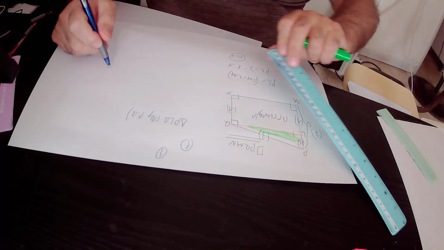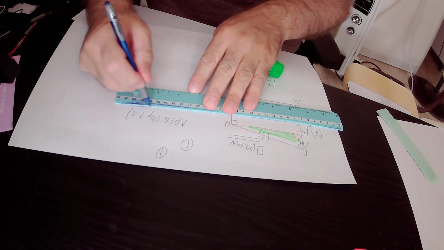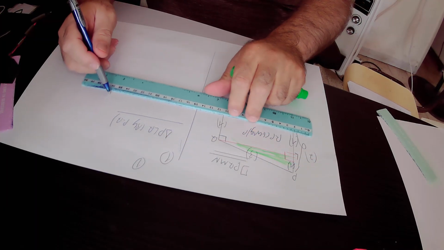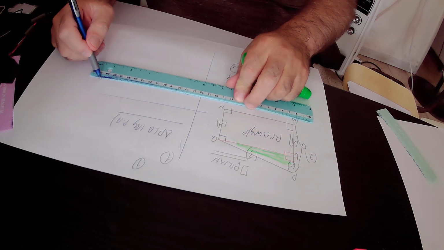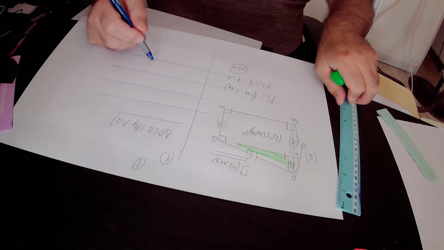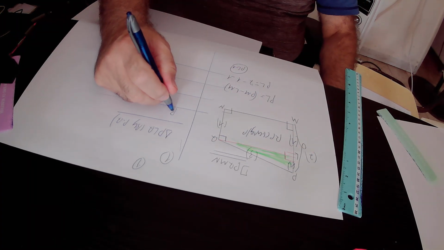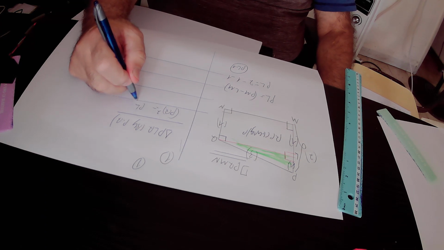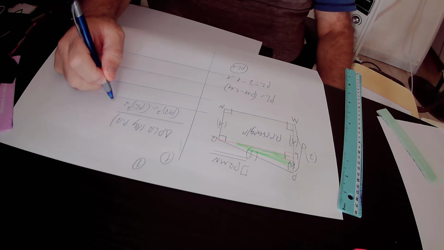So in the right triangle PLQ, according to the Pythagoras theorem, PQ squared, that is the square of the hypotenuse, equals PL squared plus LQ squared.